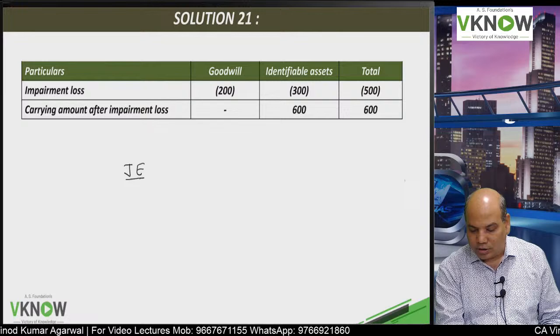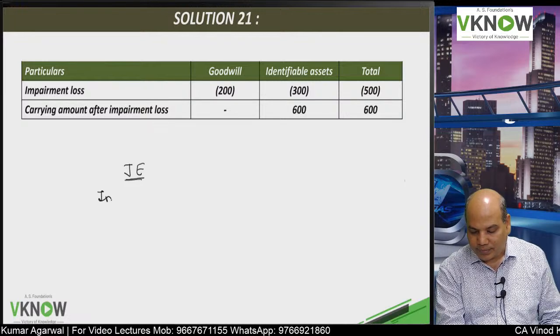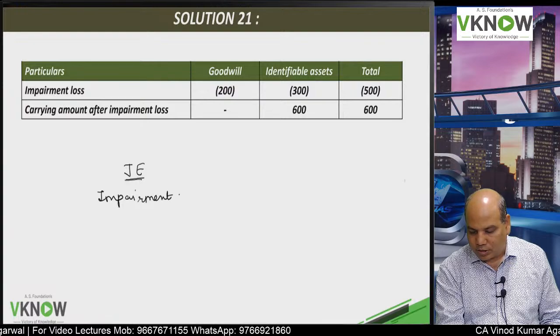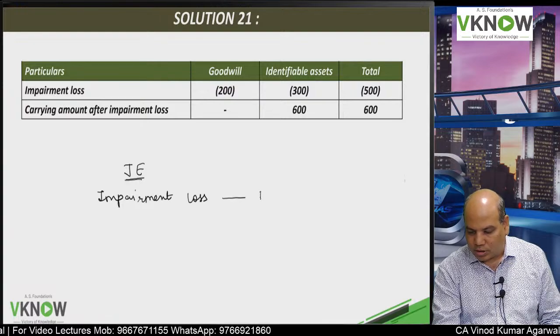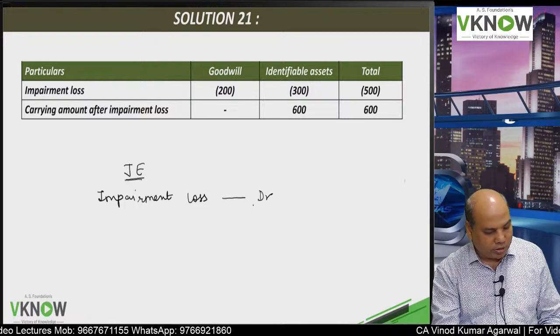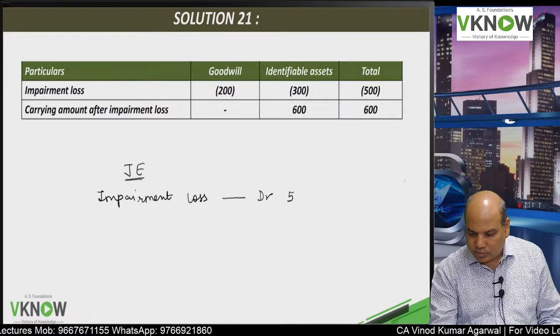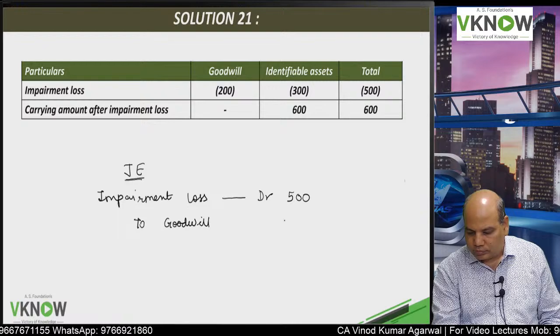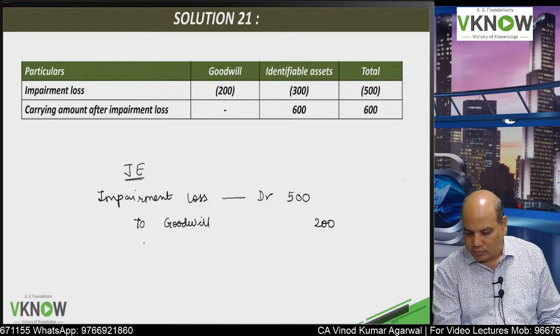So the journal entry would be like this. Impairment loss account debit 500. Please write down in the notebook, question number 21. To goodwill 200.